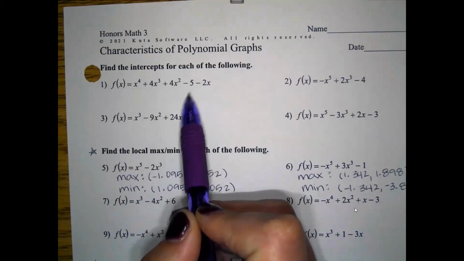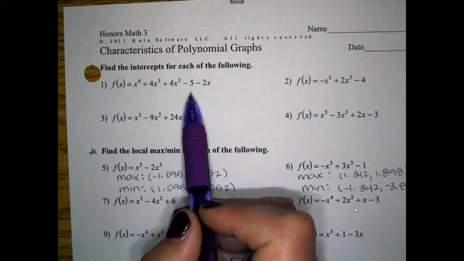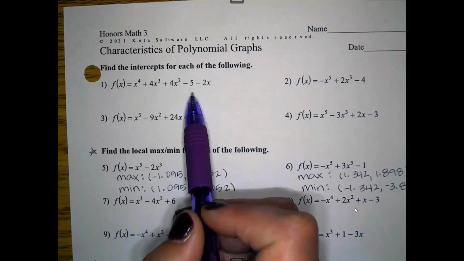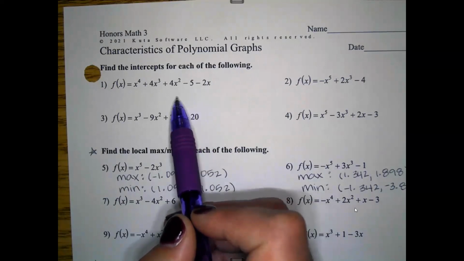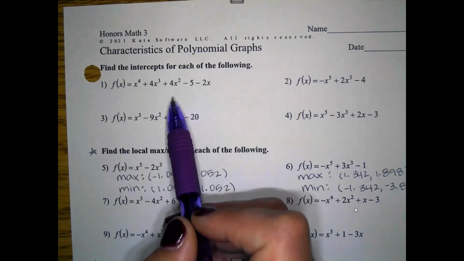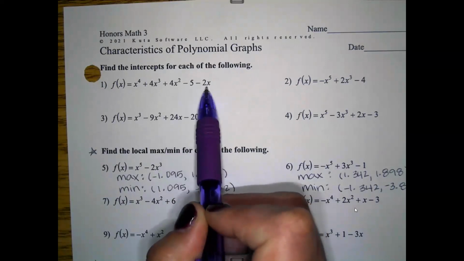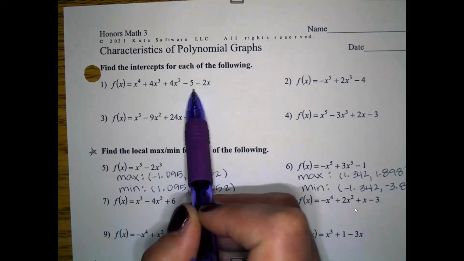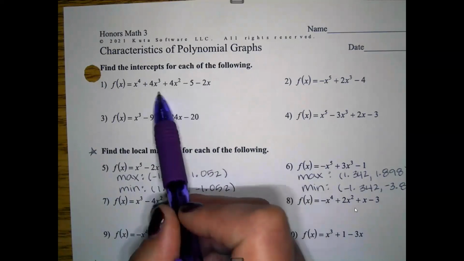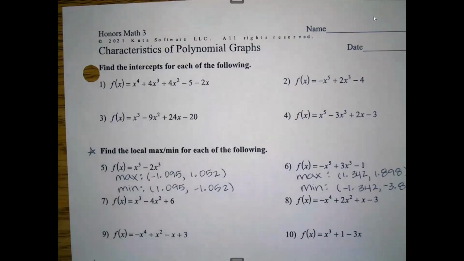But what's weird about this problem? Can anyone see what's weird about it? Normally, the negative 2x would be written before the negative 5. So they wrote it out of order. But Desmos can handle that just fine.